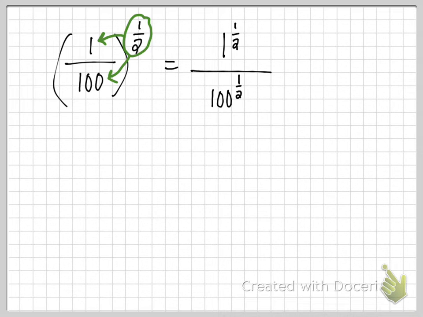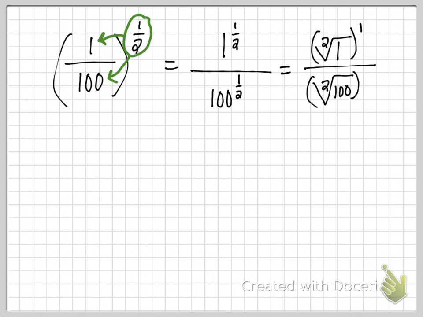Are you with me so far? We gave that exponent of 1/2 to our numerator and our denominator because that's what we do when we have a quotient taken to a power. Now, let's change our fractional exponent: the square root of 1 to the first, over the square root of 100 to the first.